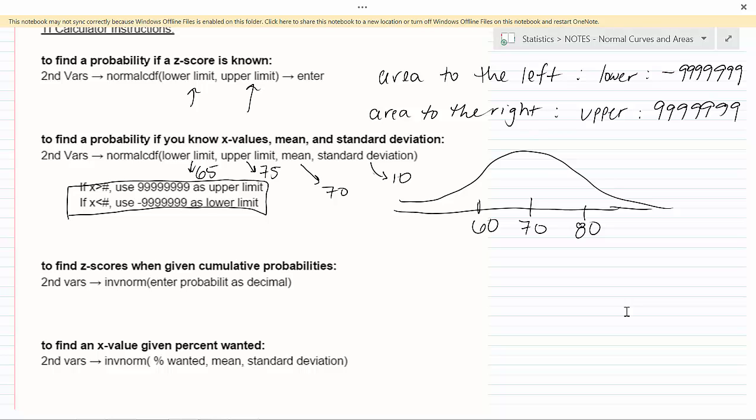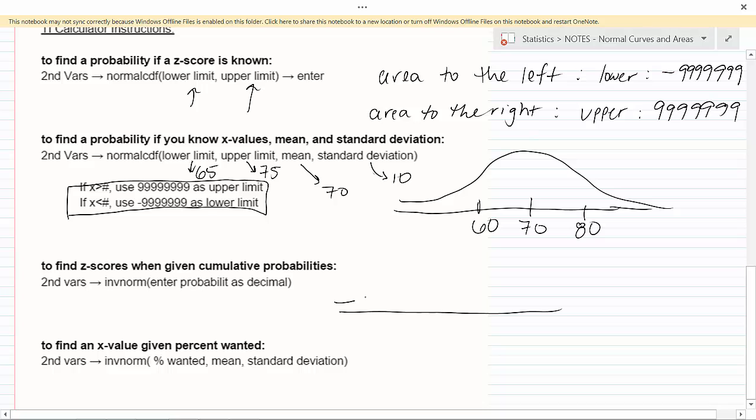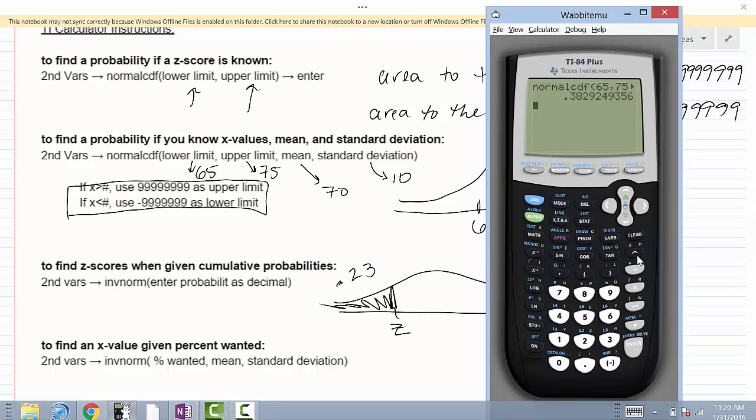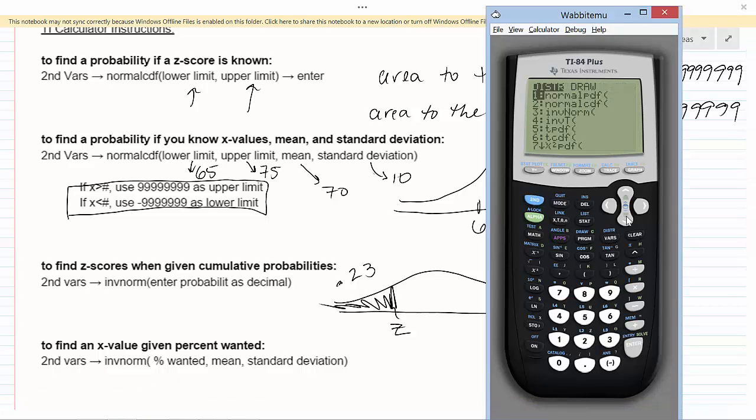Let's say I know that there's some z-score that the area to the left of that score, let's put it here, the area to the left of this score is, I don't know, 0.23. I'm going to go to my calculator and I'm going to do second vars, and notice inverse normal is number 3. And the area that I said was 0.23.